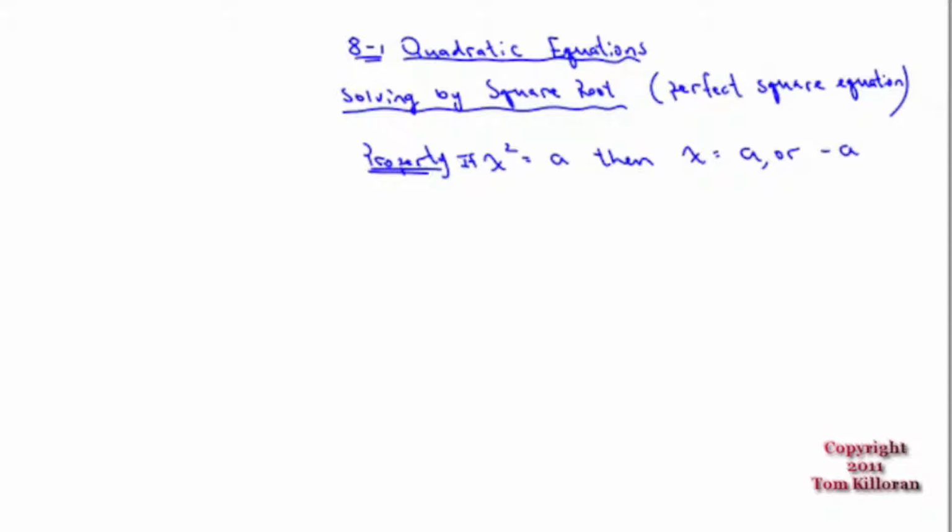For instance, if I have x squared is equal to 9, then, by this property, x is either equal to 3, or x is equal to negative 3.